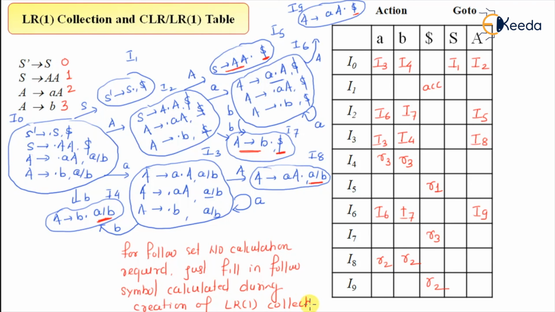So there is no added calculation. Whatever you calculate are the follow sets; later when you reach the end, these symbols will still be there, and we will add the reductions on those symbols only. So that is the only point. That's all for this discussion.